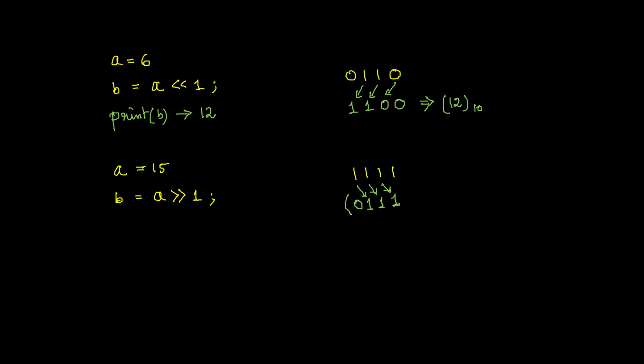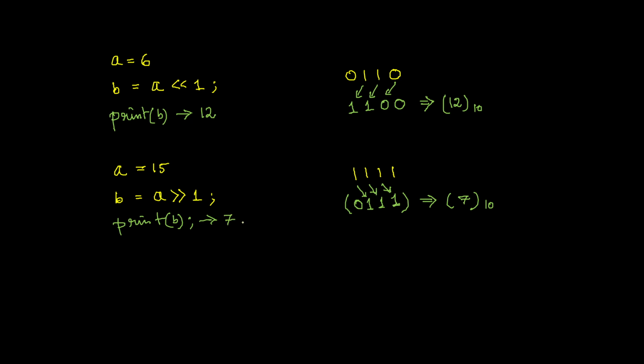So as a whole, if you convert this binary number, you will get 7 in decimal. So basically, if you print this B, you will get output 7.